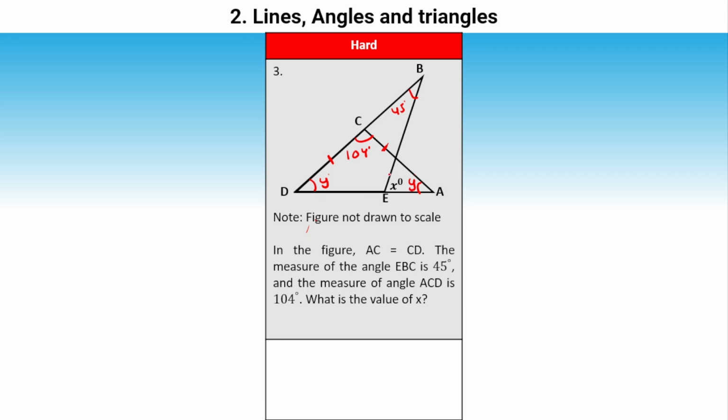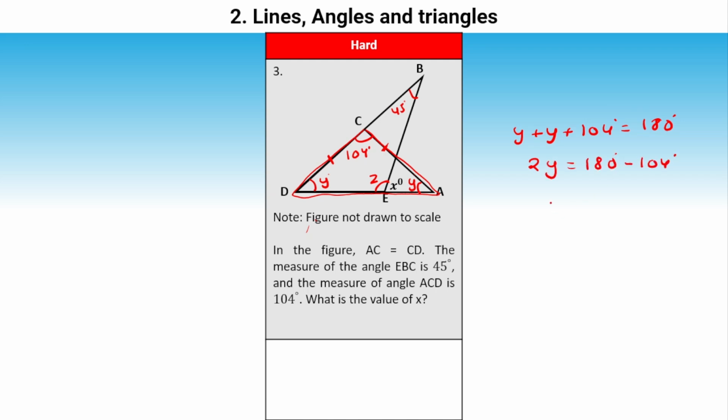Okay, to find the value of x, I have to find this angle, let's say this is z. If I do x plus z equals 180, I will find the value of x. So first of all, I have to find the value of y. To find y, we use this triangle. In this triangle, y plus y plus 104 degrees equals 180 degrees. So 2y equals 180 degrees minus 104 degrees.